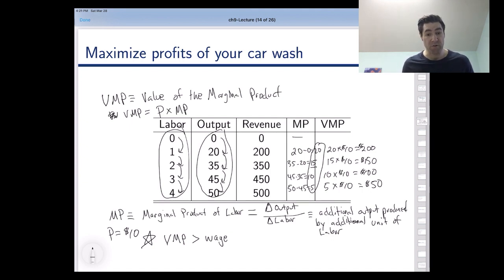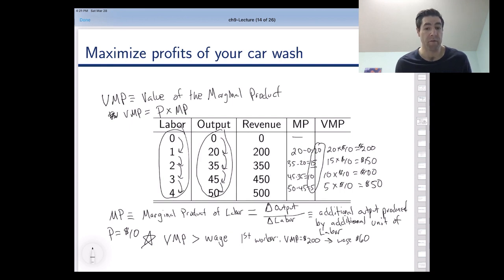So if we take that first worker, for example, they're adding $200 to revenue. The value of the marginal product is $200. The wage, the extra cost of hiring that worker, is $60, and since they give me more in revenue than it costs to pay them by $140, I should hire the first worker.